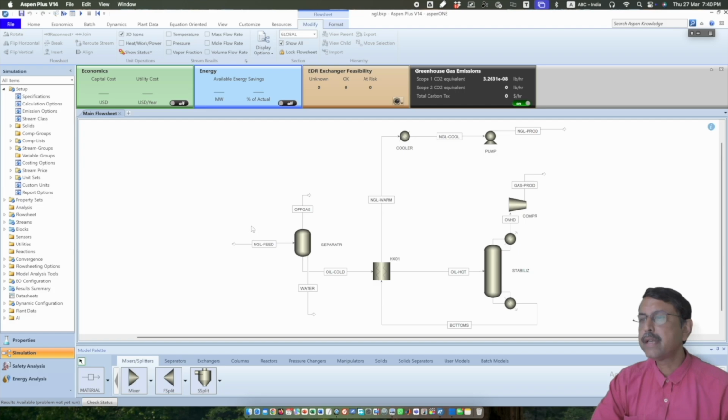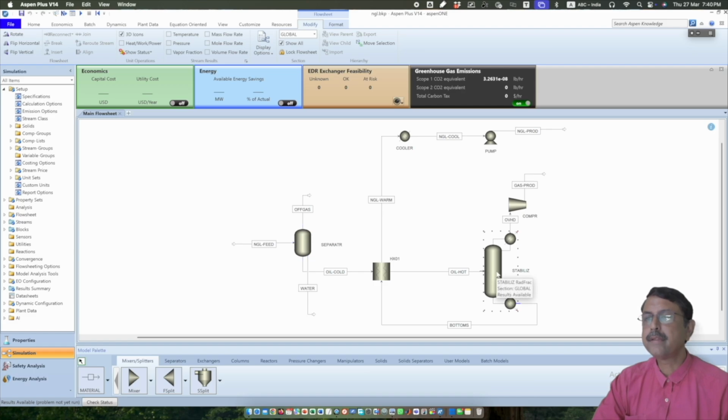So in the simulation, we can see we have a separator, which actually is a flash tank that separates the gas and liquid, and obviously the free water. And off gas is released over the tank, and the cold liquid first goes through a multi-heat exchanger where the heat is exchanged between the cold oil and the bottom product of a stabilizing column over there.